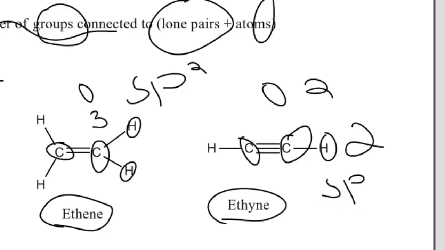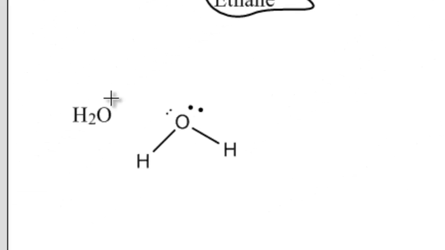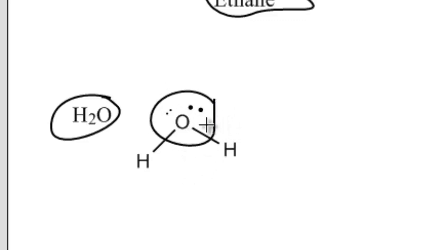Alright, after this let's take another example, the simplest molecule we see everywhere, water. If we draw the Lewis structure for water, it looks like this. Here we have to find the hybridization of oxygen, the center atom. To find that, we first need to find the total number of groups it's connected to, and for that we first need the total number of lone pairs oxygen has.